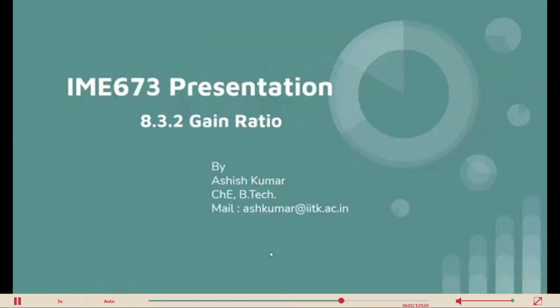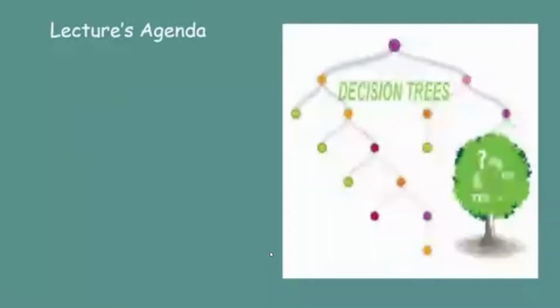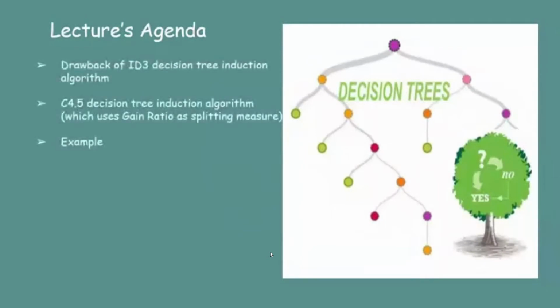So, I'm going to present gain ratio, which is another criterion to split the data into different classes. Today's agenda will be the drawback of the ID3 algorithm that Aman discussed right now. Then we will discuss the C4.5 decision tree induction algorithm, which uses gain ratio as the splitting measure.